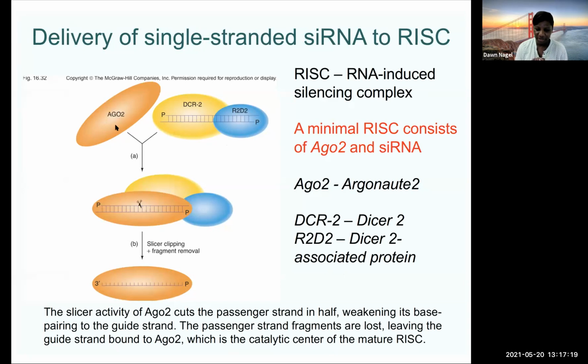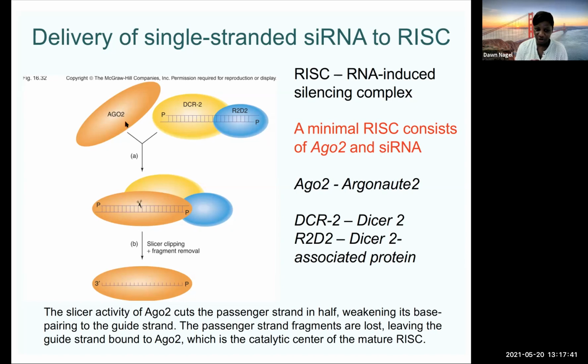The one that's involved in this siRNA process is Argonaute-2. And the minimal RISC complex that exists is this Argonaute protein by itself and an siRNA, right? Because this is what's going to guide and bind to that target mRNA.